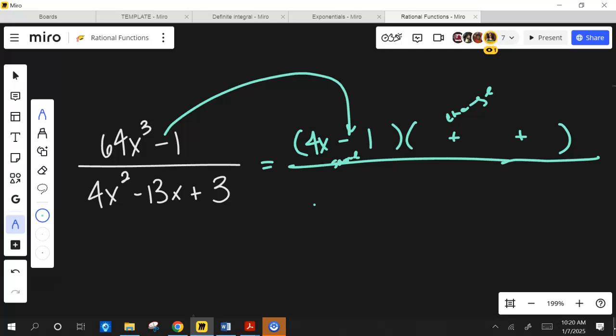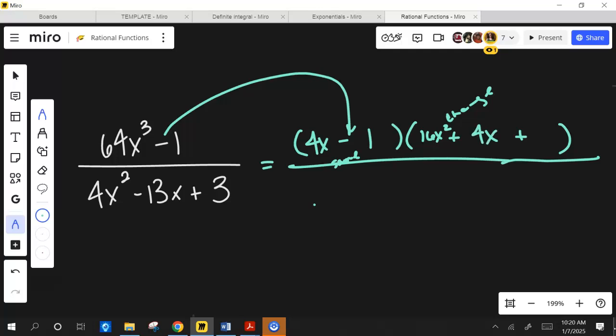All right. I'm going to use that first parentheses to fill in the second parentheses, okay? So square the first. What is 4x squared? 16x squared. Don't forget to square the coefficient too. Multiply them together in the middle, ignoring signs.